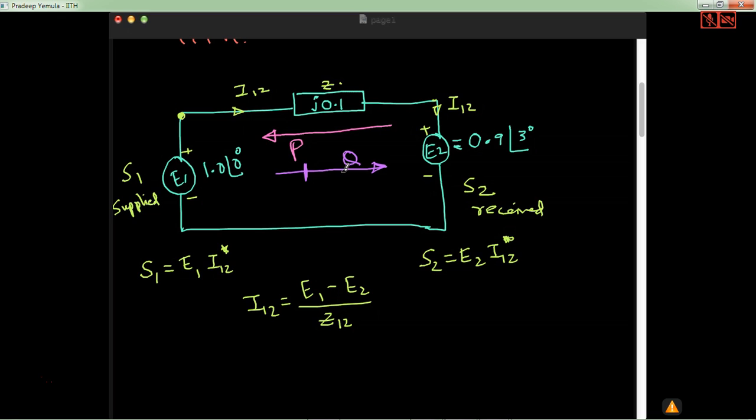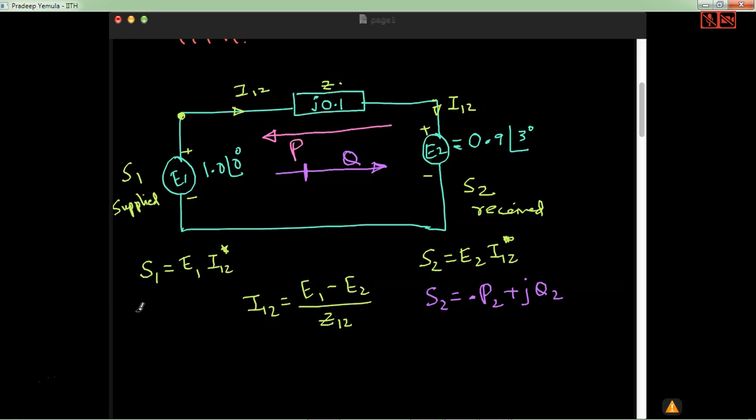If you find S2, the P2 will be negative. Why? Because S2 is receiving, but it is actually sending the power, so it will be negative, plus jQ2, and Q2 will be positive.